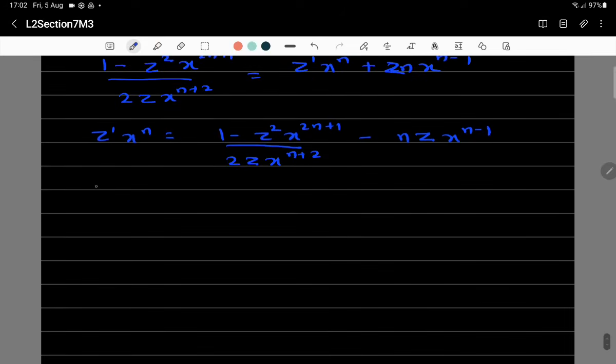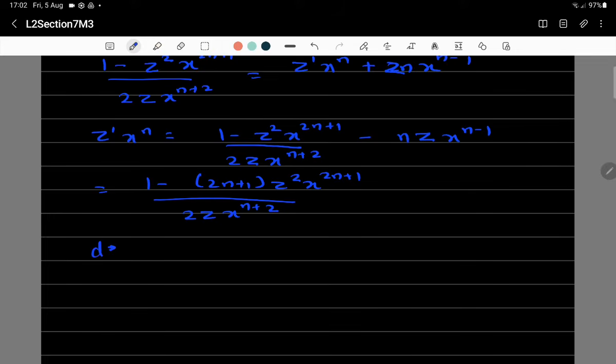If you simplify the left hand side, please do try it by yourself. It becomes (1 minus (2n plus 1) z square x raised to the power 2n plus 1) divided by 2z x raised to the power n plus 2. Or I can take x raised to the power minus n on that side.